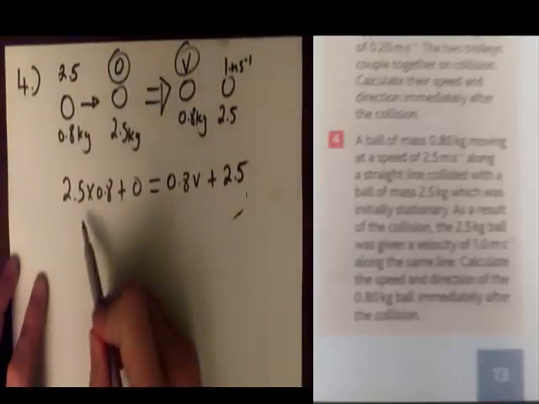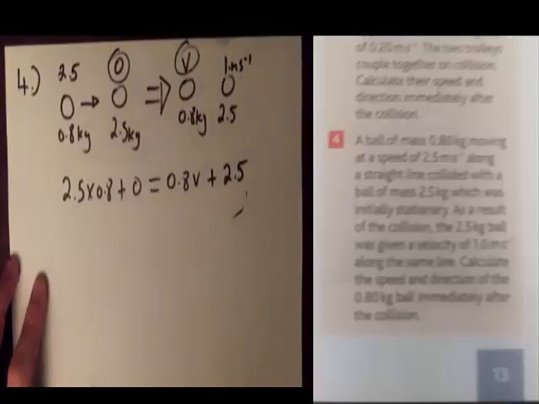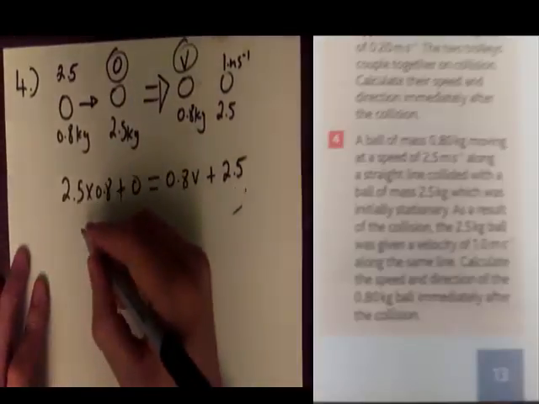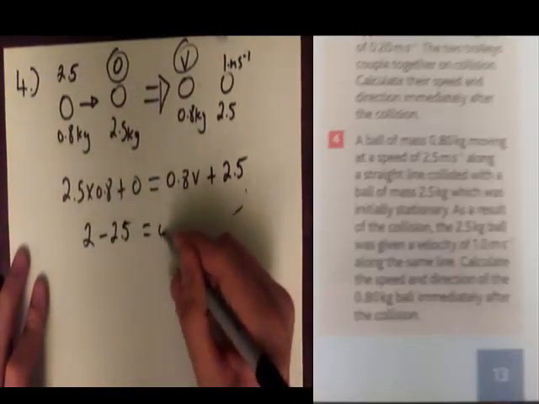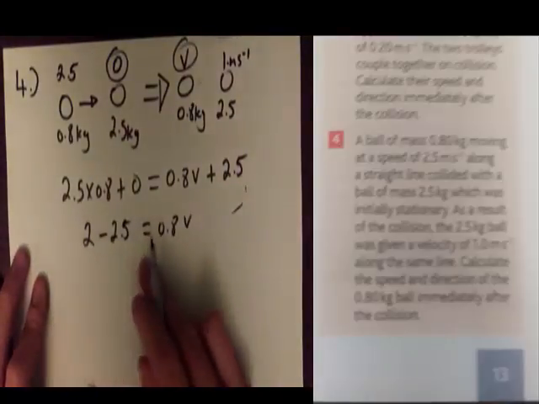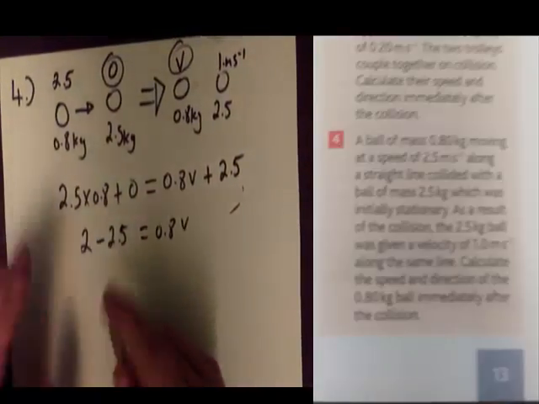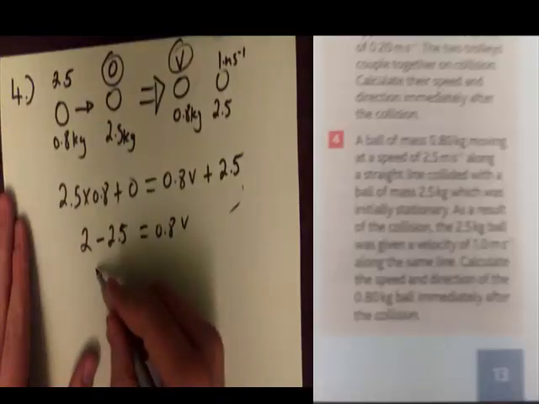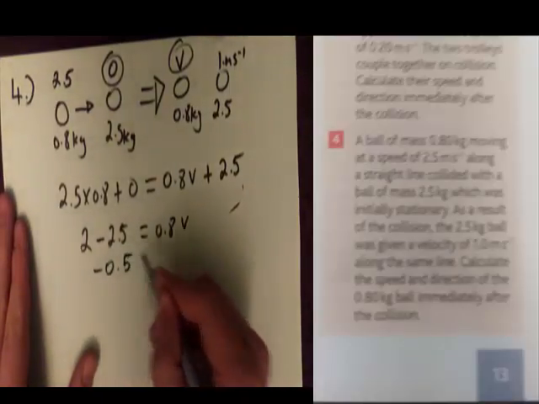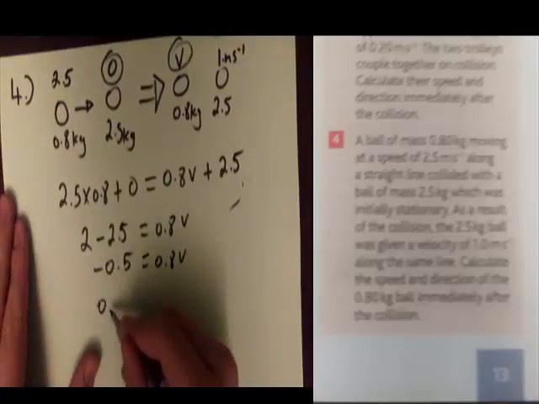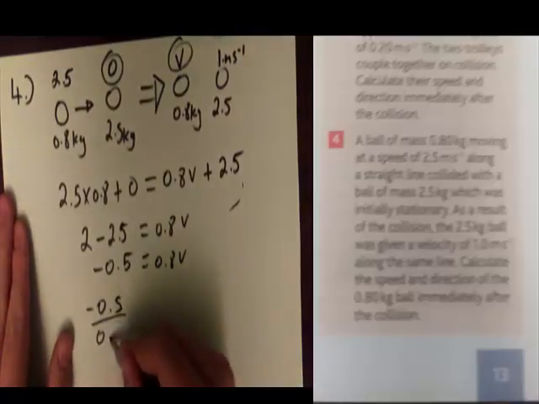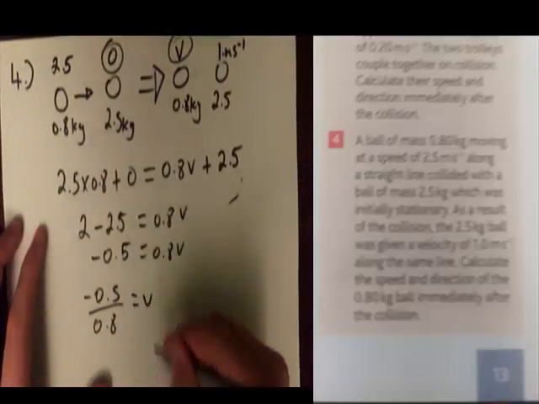We take this away from this once we've worked that out. So we have 2 minus 2.5 gives us 0.8v. Now, this is going to be minus 0.5 equals 0.8v. So minus 0.5 divided by 0.8 gives us v.